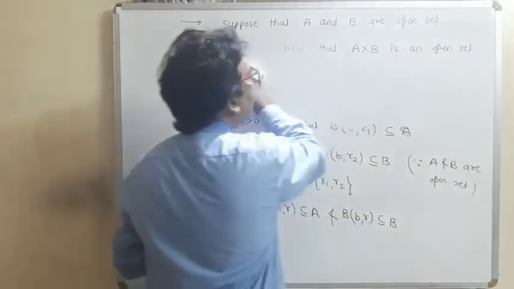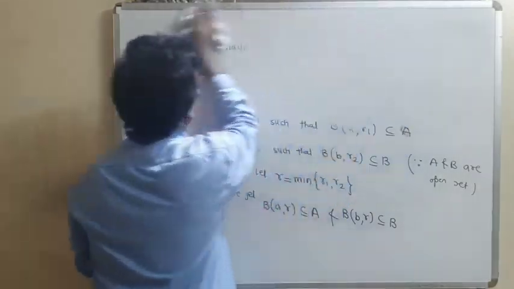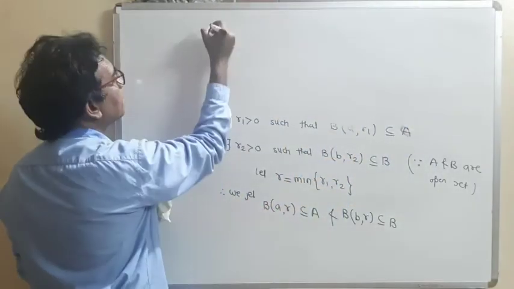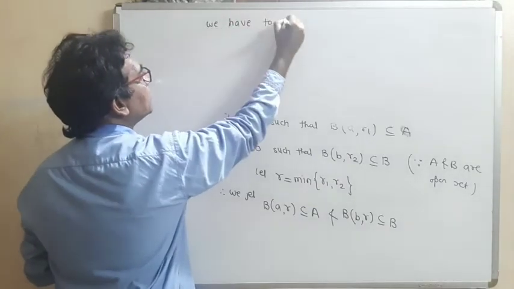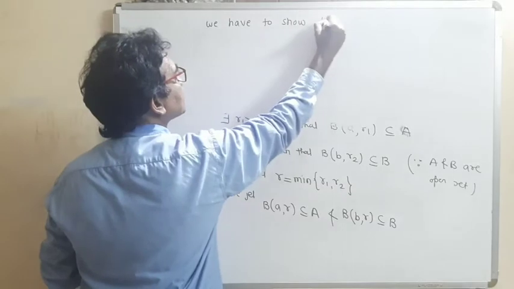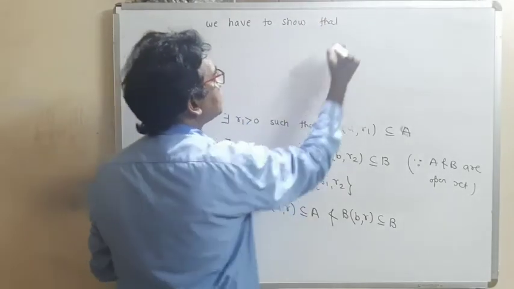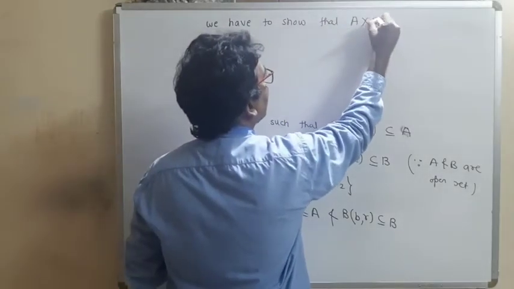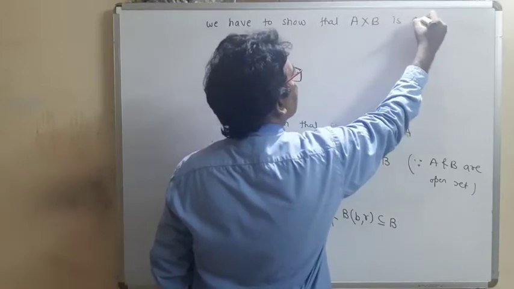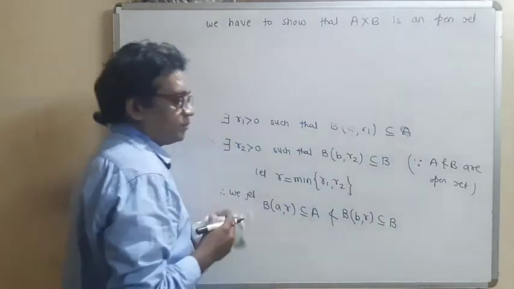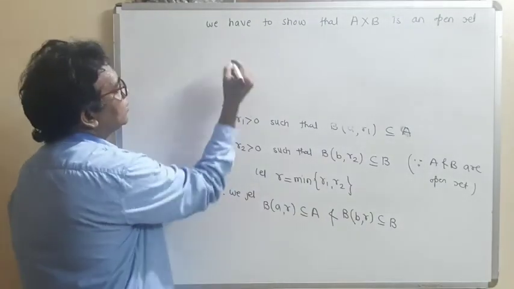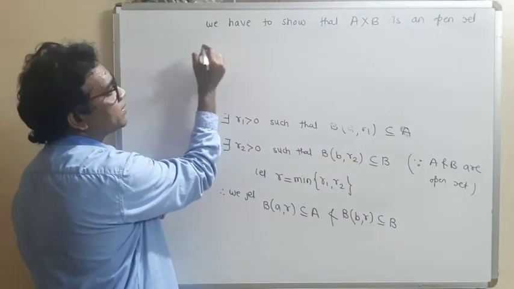So right here we have to show that A cross B is an open set. So open set means, what is our claim?